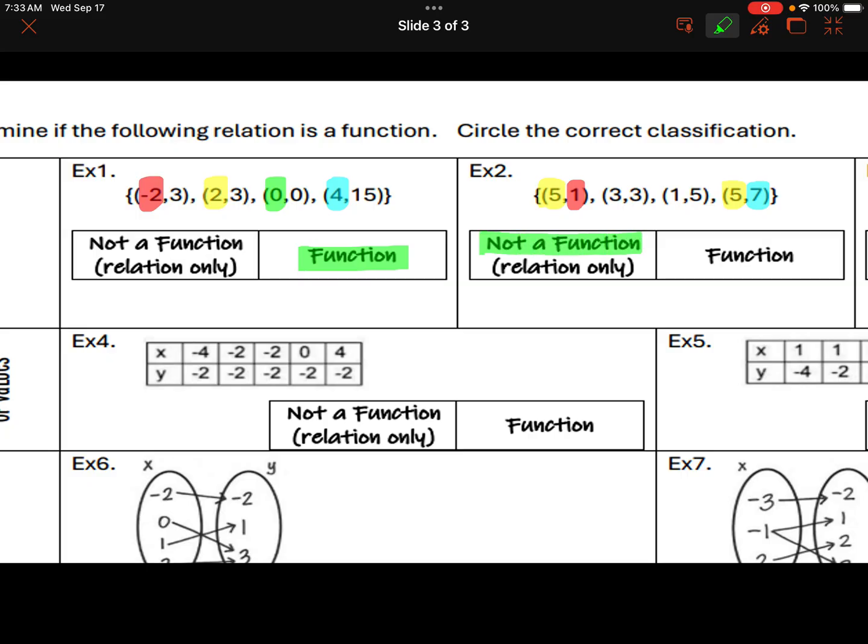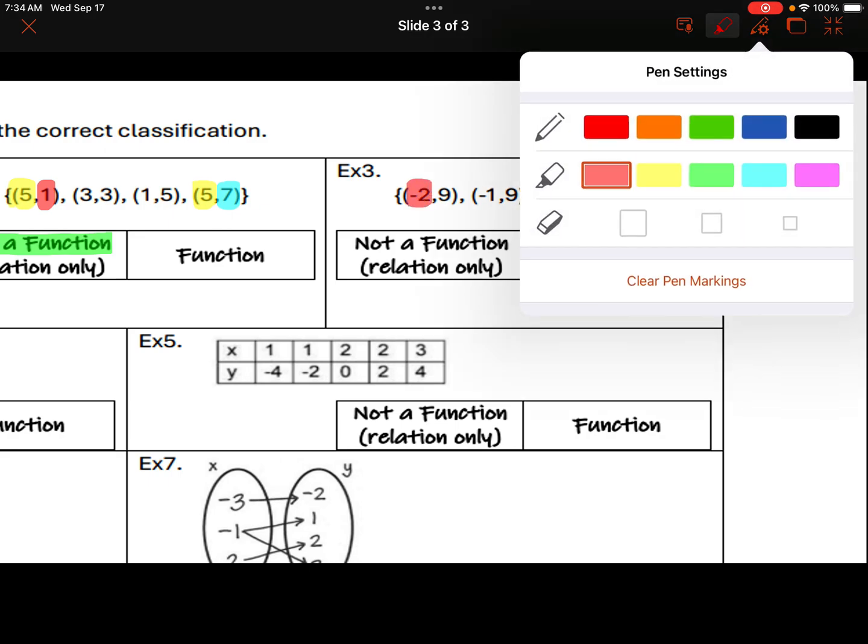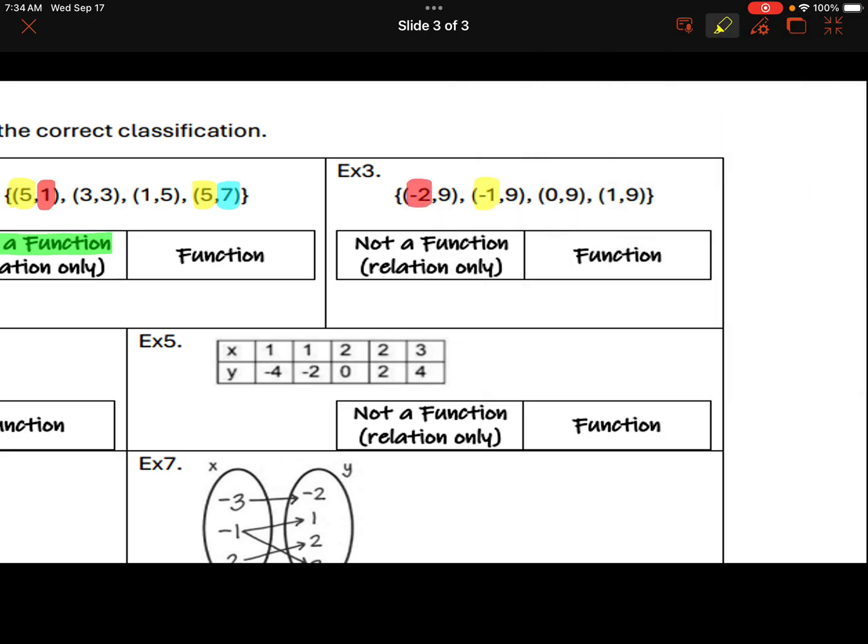So it's not a function, it is only a relation. And then we're going to go to example 3. And I again notice that each of my input values is unique. So this is going to automatically qualify as a function.